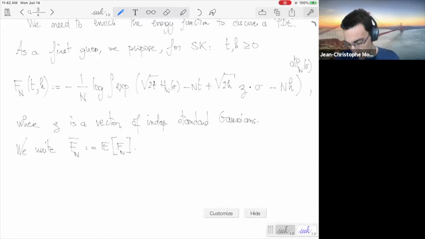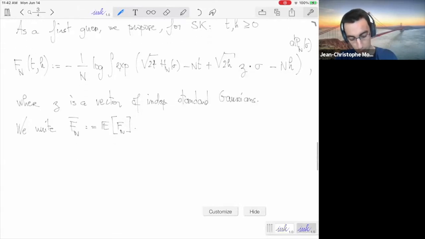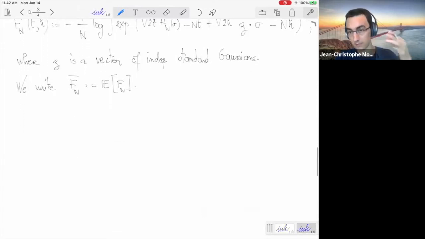So let me state a result in this spirit, describing what happens when we do Gaussian integration by parts. It's a variant of the lemma we had discussed last week about the same topic. So let me just write it down.